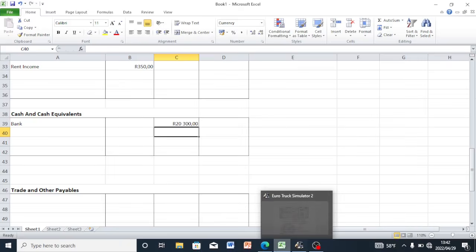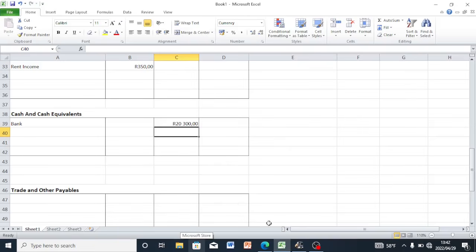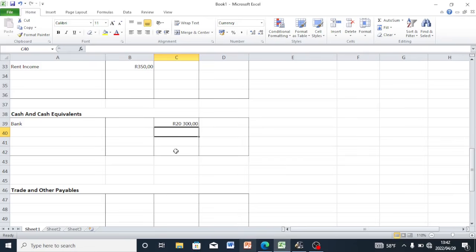And then we all know that under our cash and cash equivalents, we record our bank, petty cash and cash float. So on our information number 3, we have petty cash that amounts to 950 rands. So we are going to say petty cash, 950.